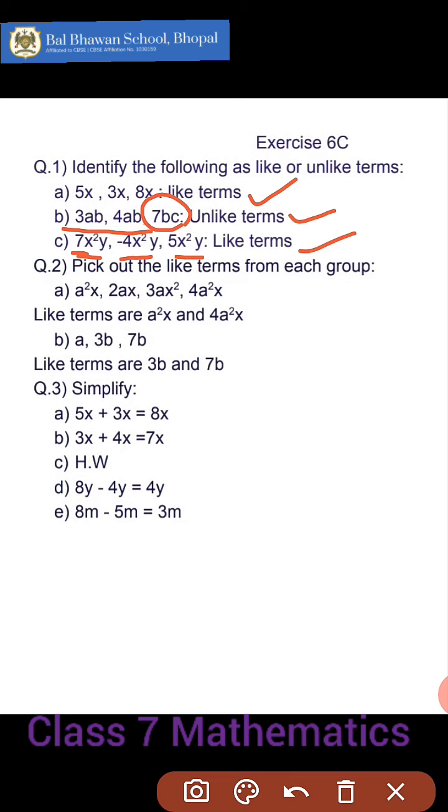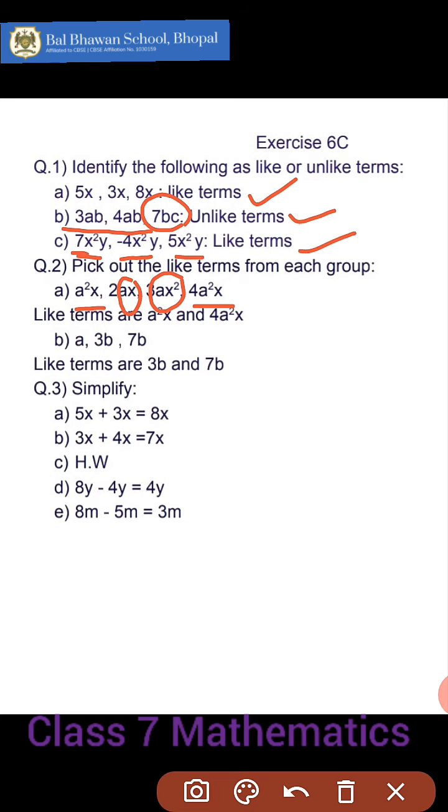Question number 2. We need to pick out the like terms from each group. So in the first group, as we can see, a square x is present in the first and the last term. In the second term, you have ax. The power of a is not 2. Whereas in the third term, you have ax square.